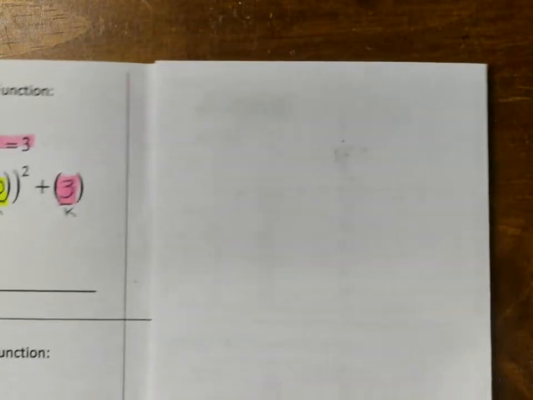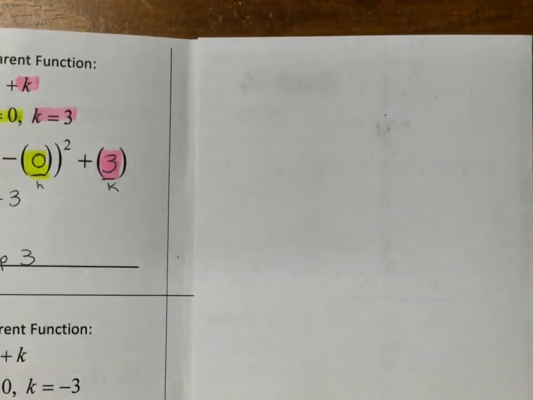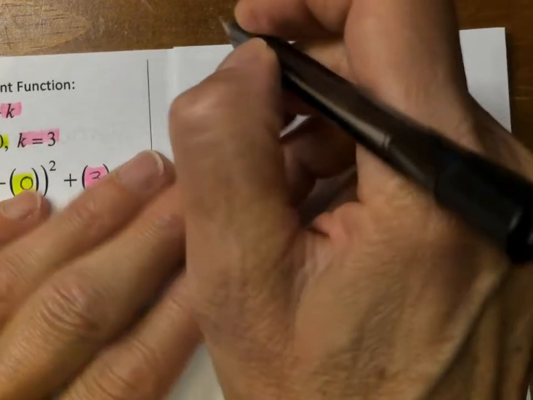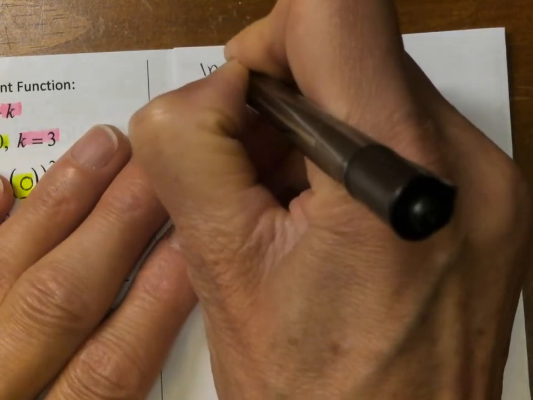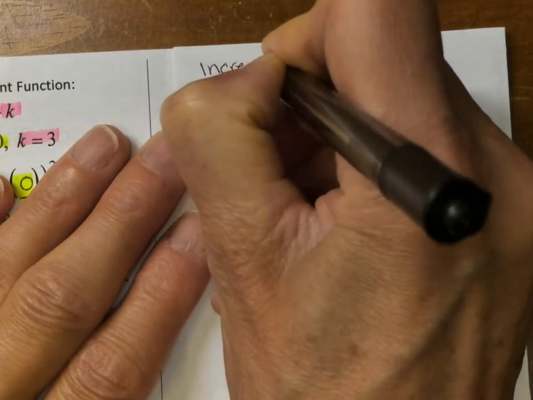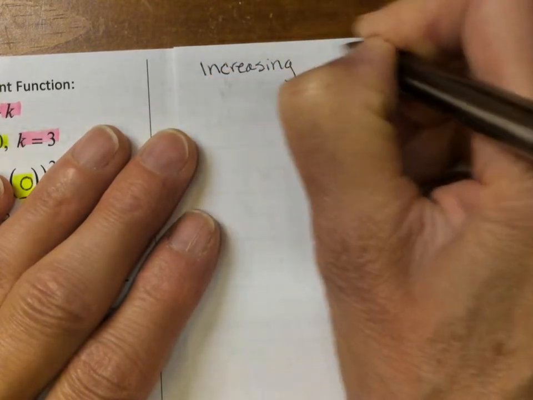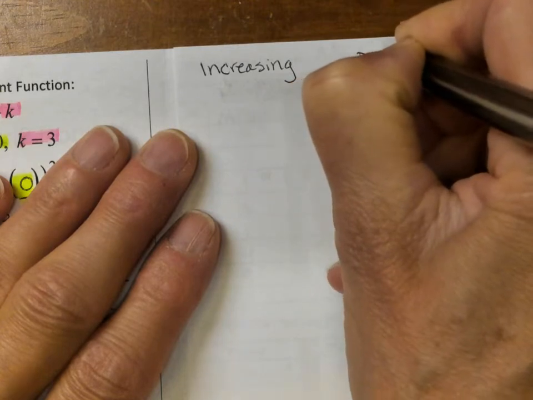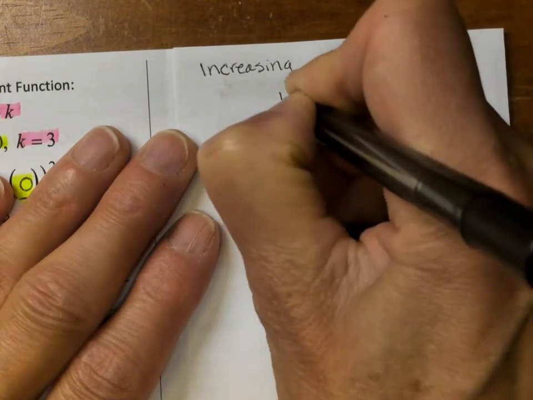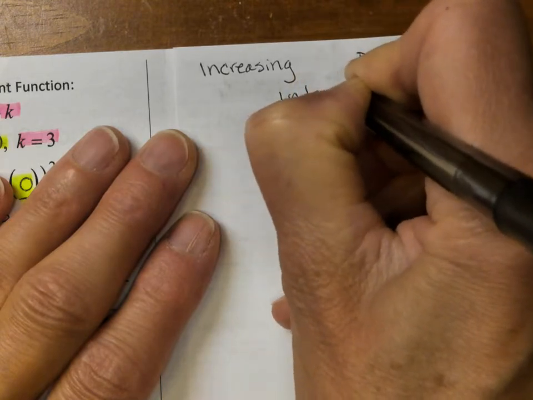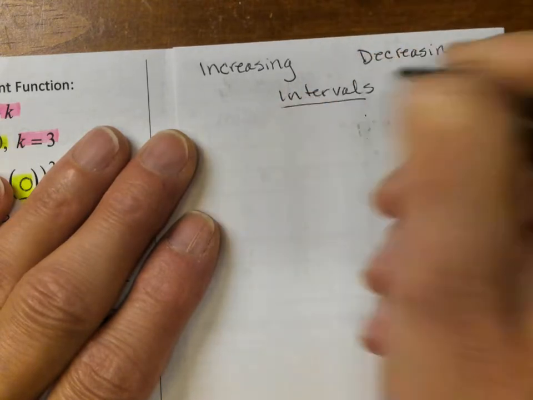Okay, so on to something that we've not talked about, or it's been a while since we've talked about it. And that has to do with increasing and decreasing intervals.